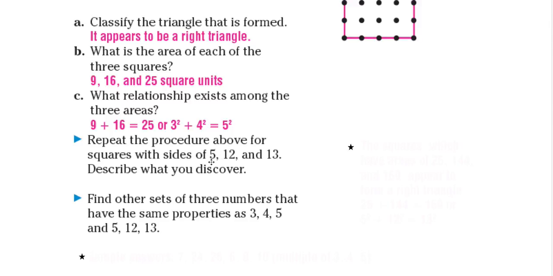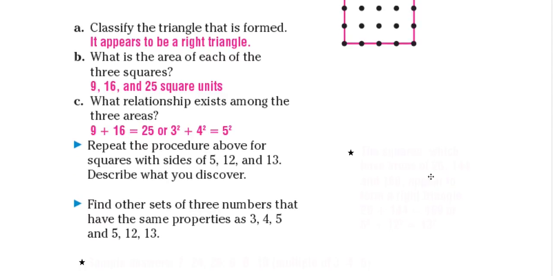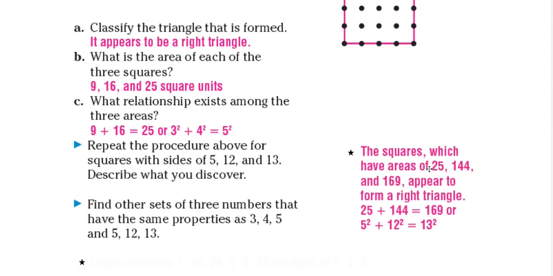Let's say you have squares with sides of 5 units, 12 units, and 13 units. If we apply the same principle and create our own triangle, it will also create a right triangle, just like what we did with our 3 by 3, 4 by 4, and 5 by 5 squares.